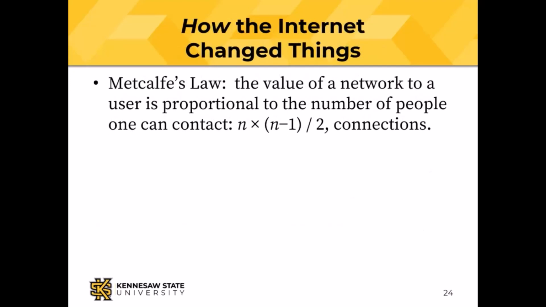How? Well, there's Metcalfe's law. Dr. Metcalfe received the Turing Award last year from the Association for Computing Machinery for his invention of Ethernet. But Metcalfe said the value of a network is proportional to the number of people you can connect to. And you think about that for just a minute, and you say, duh, sure. I am old enough to remember competing telephone companies.